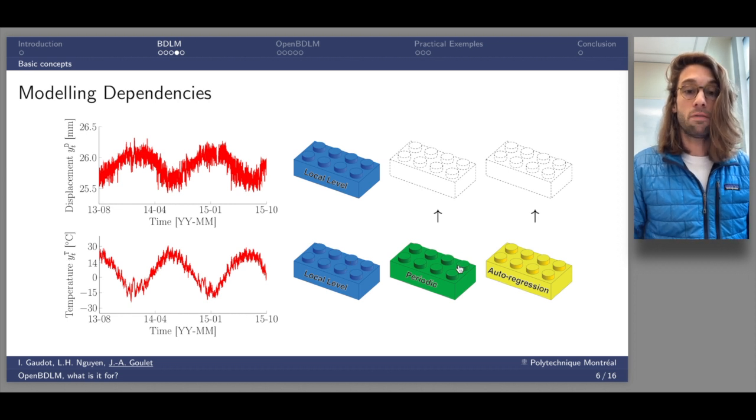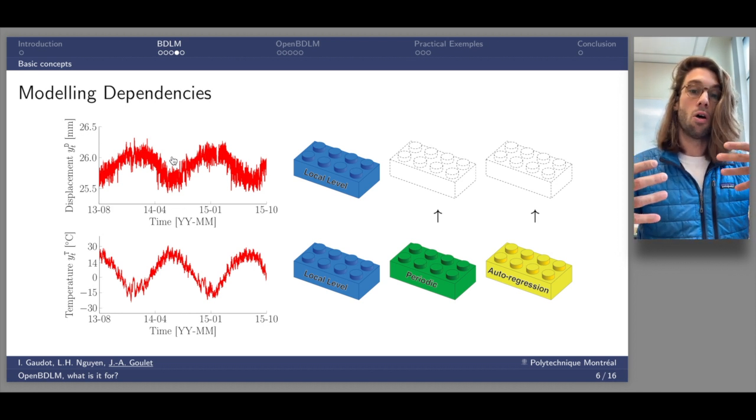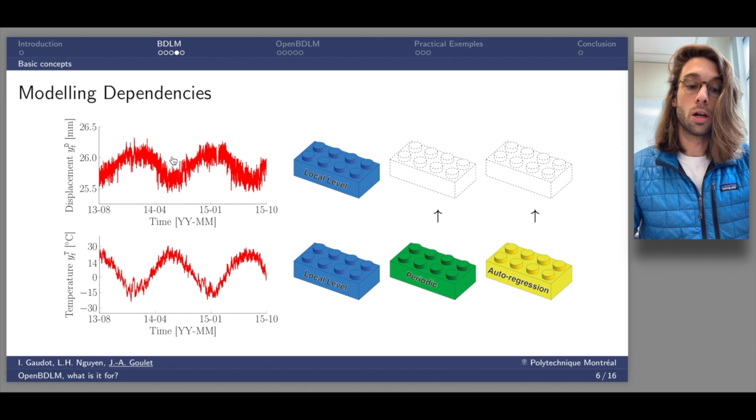And then we're going to have linear dependency between these two blocks and these two placeholders representing the displacement here. So we're going to be able to see that if there's a change in temperature, it's going to directly affect the displacement in the structure that we're trying to model as well.